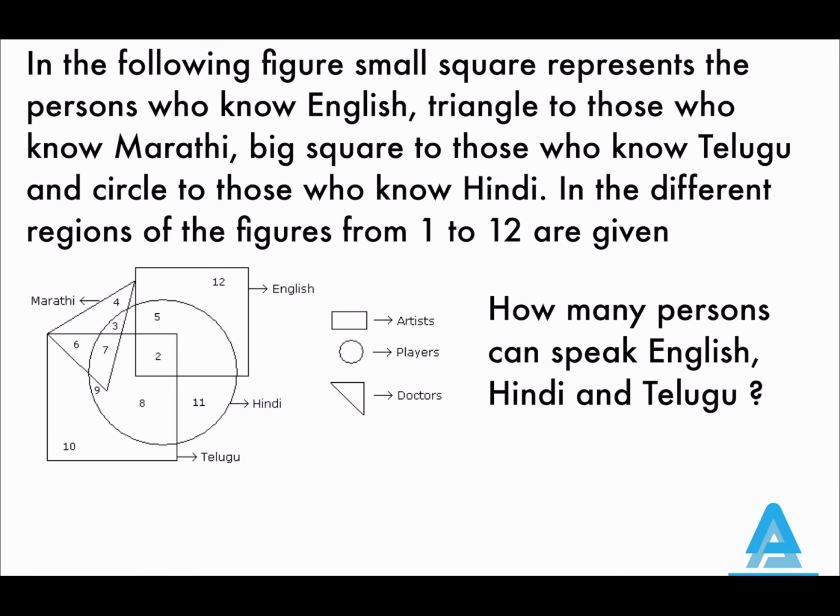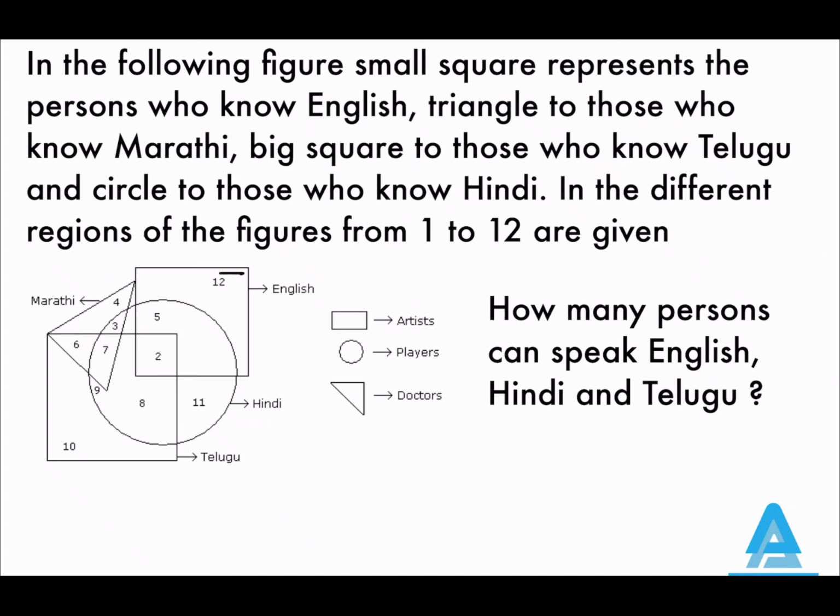In the following figure, a small square represents the person who knows English, triangle those who know Marathi, big square those who know Telugu, and circle those who know Hindi. The different regions of the figure from 1 to 12 are given. Okay, so how many persons can speak English, Hindi and Telugu? So basically you need to find the intersection between English, Hindi and Telugu.